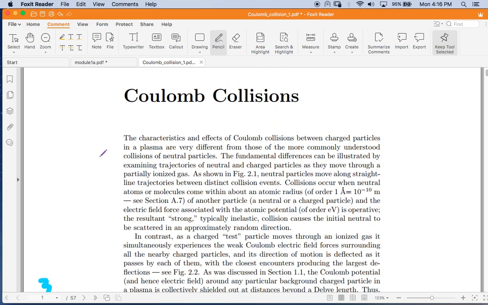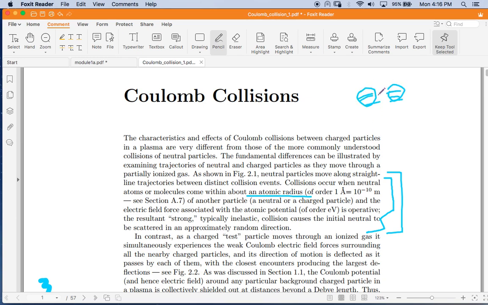So here is the first thing I wanted to go over in this section. For neutral particles, collisions occur when neutral atoms or molecules come within about an atomic radius. You know, when they essentially bang into each other.